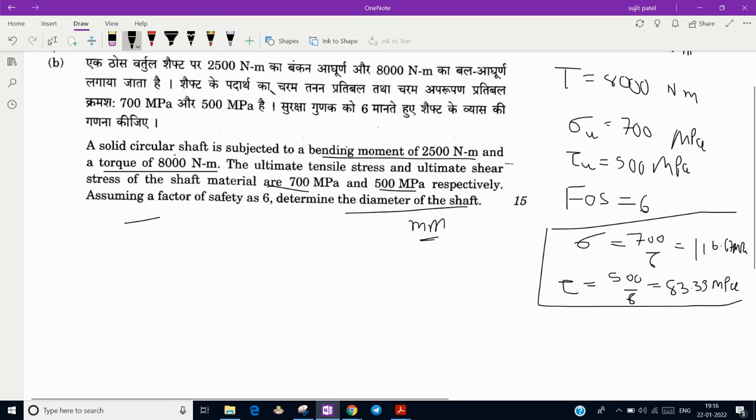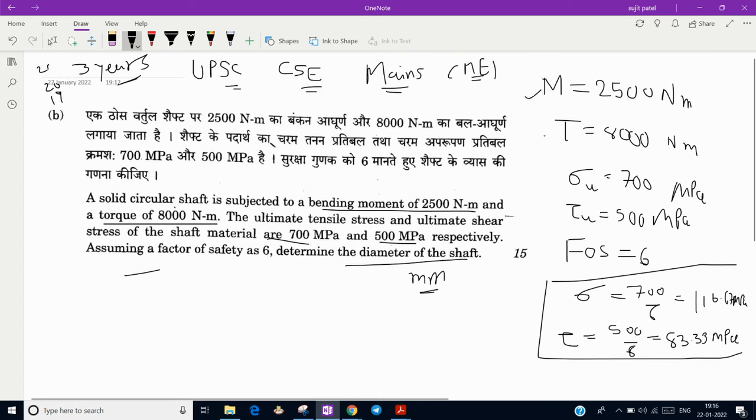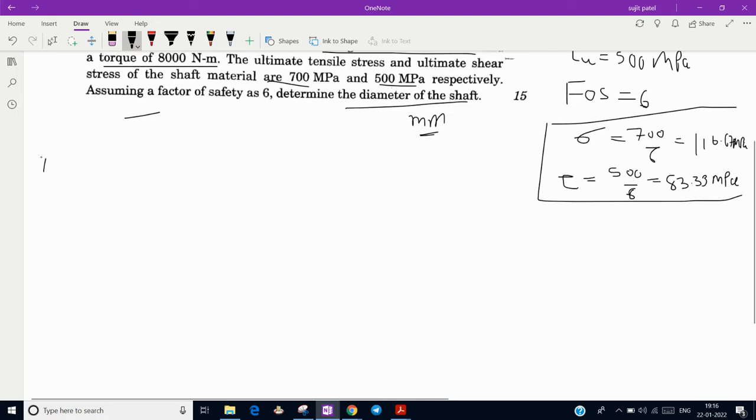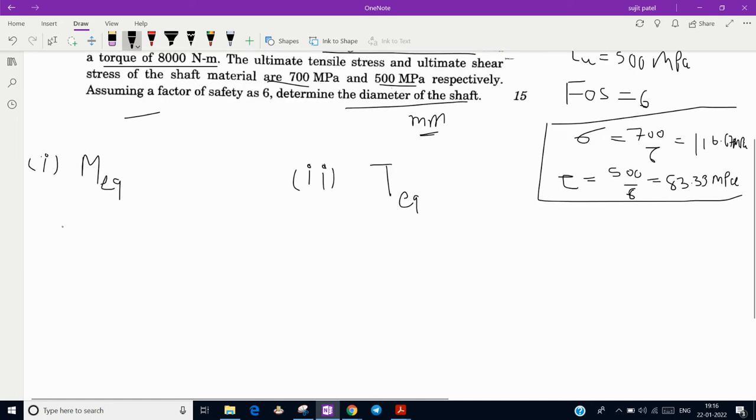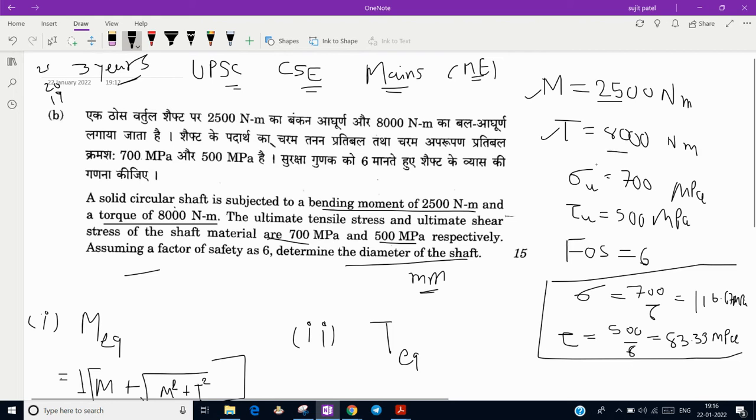Here you can see the shaft is subjected simultaneously to bending as well as torque. So first of all we have to consider two cases. We have to find the equivalent bending moment, M equivalent, and the equivalent torque as well, and solve this problem in two parts, and whatever diameter comes, we finally select based on our strength criteria. The equivalent bending moment is given by 1 by 2 times M plus under root M square plus T square. Here M is equal to 2500, T is equal to 8000.